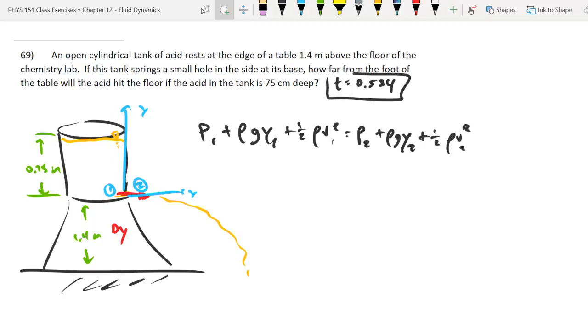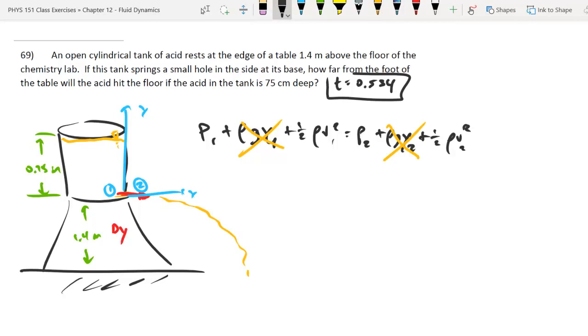Now, if we say y1 is equal to y2, right? That's based on just where we chose the points. This is very much like choosing a datum with our conservation of energy problems, because this comes from that. So if y1 equals y2, these two terms will cancel, and we'll just have p1 plus 1/2 rho v1 squared equals p2 plus 1/2 rho v2 squared, right?